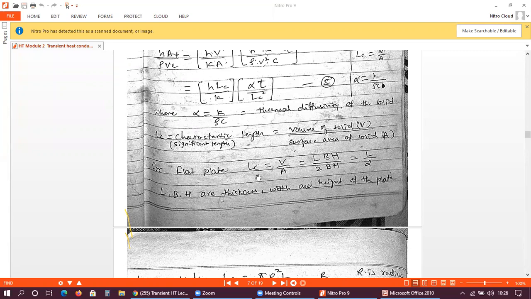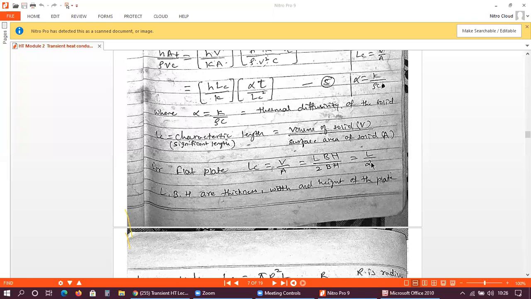In the entire heat transfer subject, we usually consider this L as thickness only. So just remember the characteristic length is given by L by 2, that is, the thickness divided by 2.